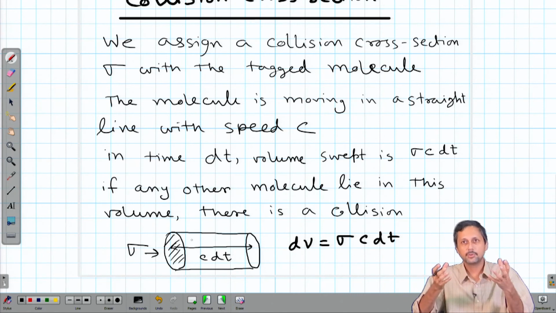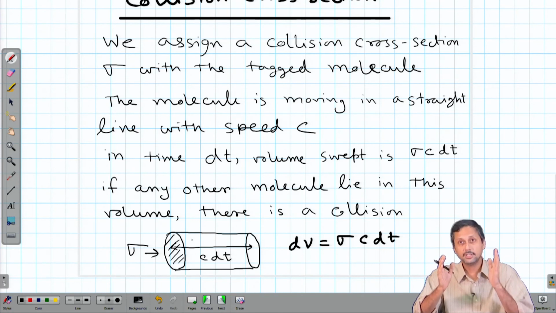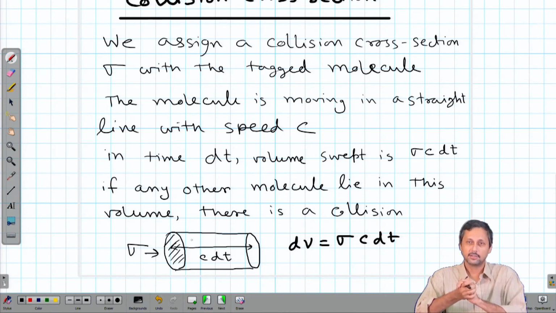If there is no molecule present, there is no collision. But assuming that there are sufficient number of molecules present, the total number of collisions has to be proportional to, or a function of, the density of the gas assembly as well, right.